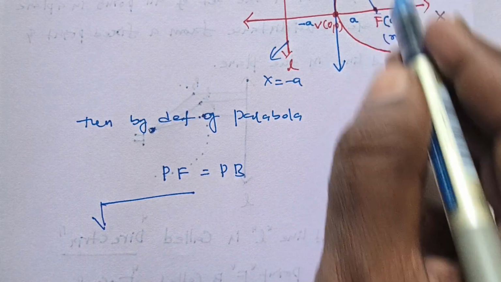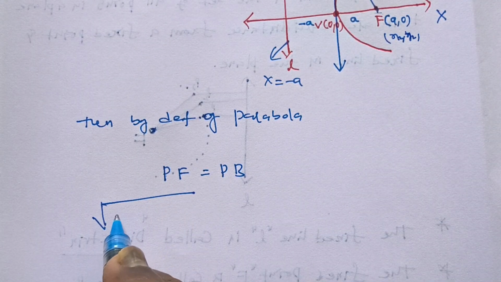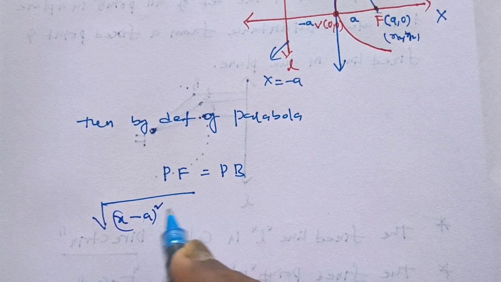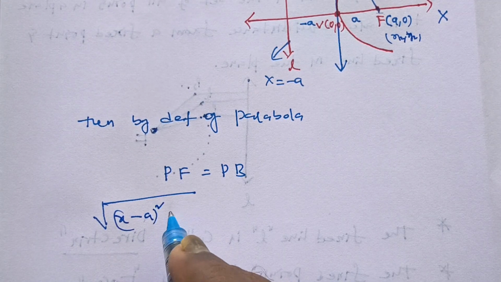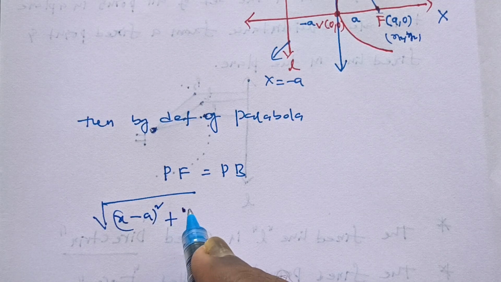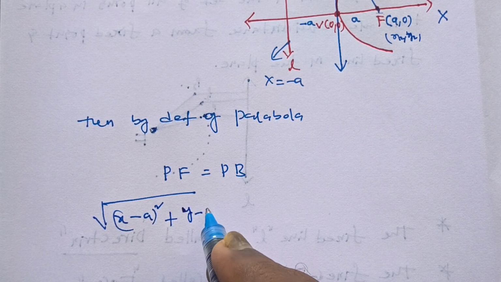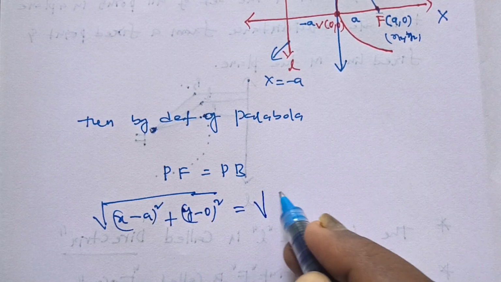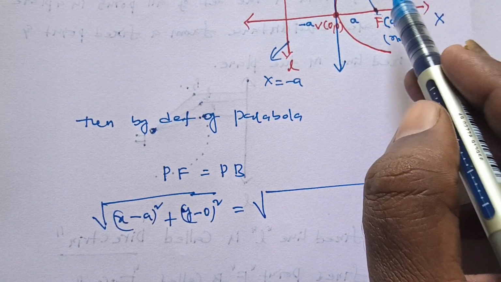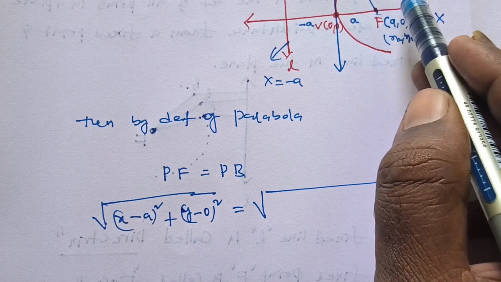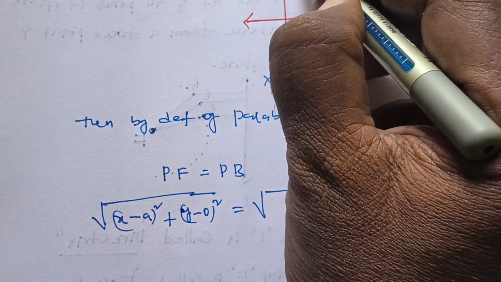Now the distance between these 2 points is x1 minus x2 whole square plus y1 minus y2, which is 0, whole square. Assume P as x1, y1 and this is x2, y2.